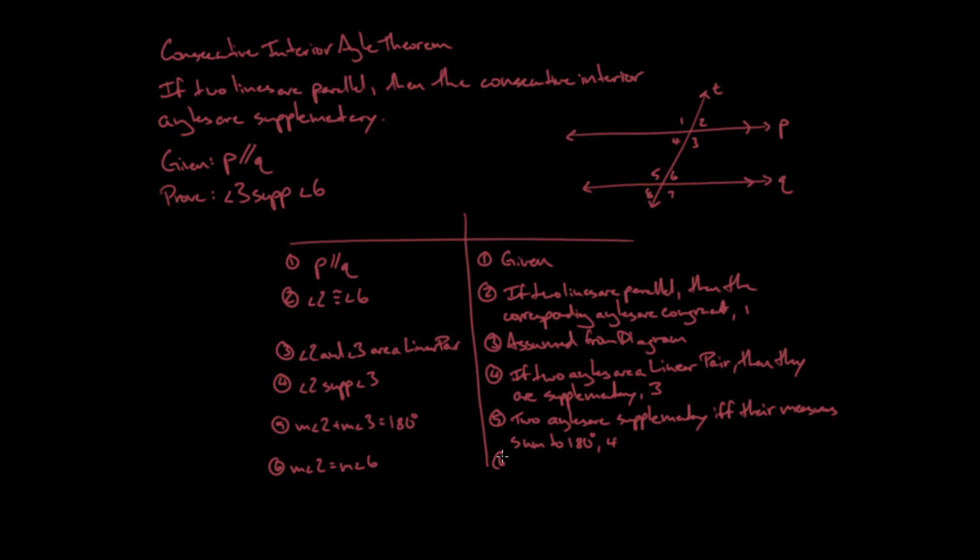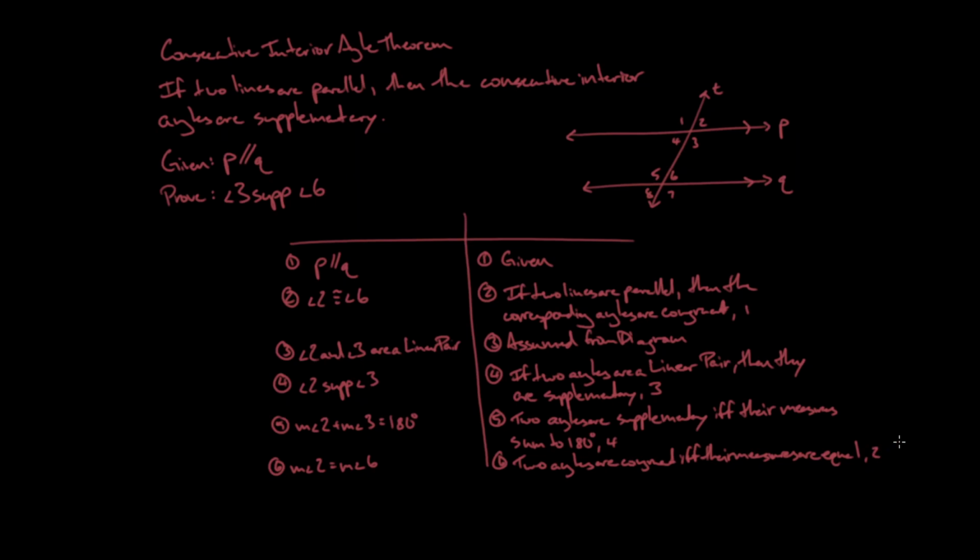And this will just be my definition of congruence: two angles are congruent if and only if their measures are equal. I'm starting to run out of room here. Where did this come from? Up here in 2. My statements are getting longer and longer.